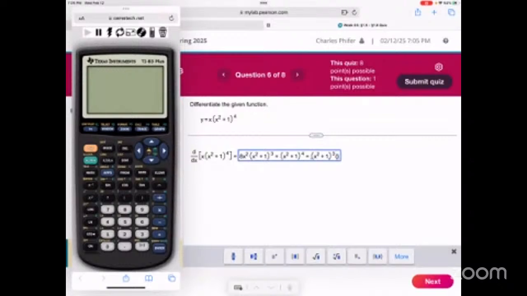So we have an 8x squared, and we have an x squared plus 1. So that'll make that a 9x squared plus 1. Okay, I think this is okay. Is there a space in there? There is a space. No, it's not. I'm going to go with that.